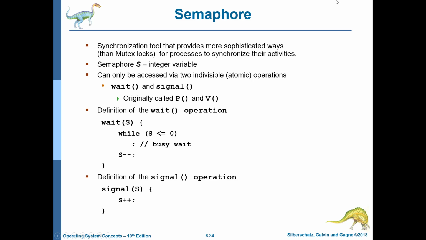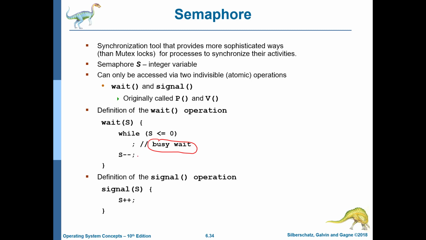They were originally called P and V, but we shall use wait and signal. Wait on a semaphore basically says that as long as the count associated with the semaphore is less than or equal to 0, we just wait. Whether we busy wait or wait via some other mechanism, we shall see, because in modern systems, you busy wait for some time. After that, you request the kernel to swap you out.